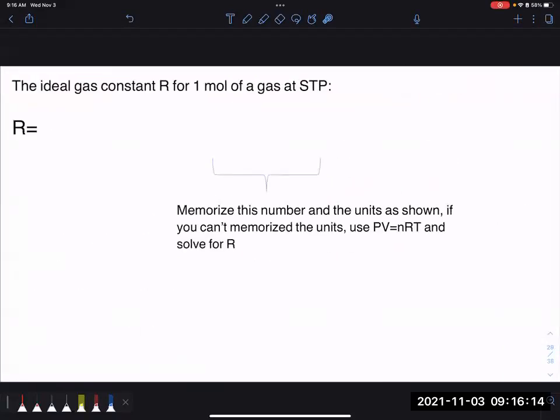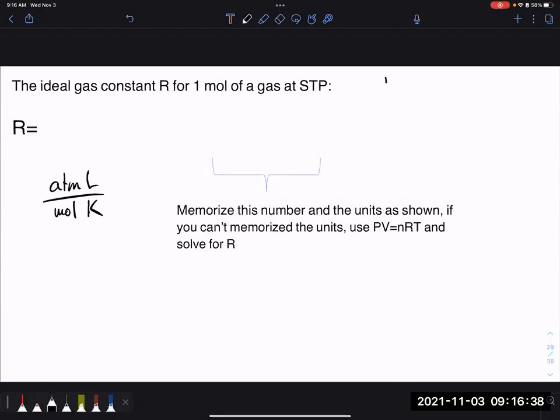So I guess the ideal gas constant R for 1 mole of gas at STP. Like I said, it's in units of atmospheres liters per mole Kelvin. So using those units, let's write these out over here too.